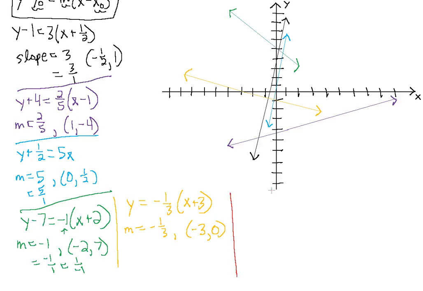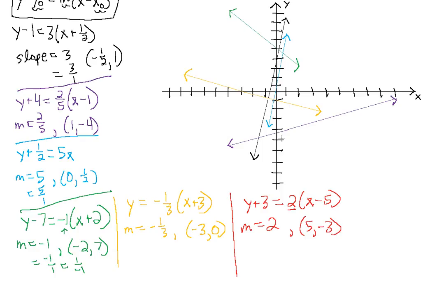All right, let's take a look at y plus 3 equals 2 times x minus 5. Okay, we need a slope. Slope is right here, 2, and we need a point. So we have the x value of +5, and we have a y value right here of -3.